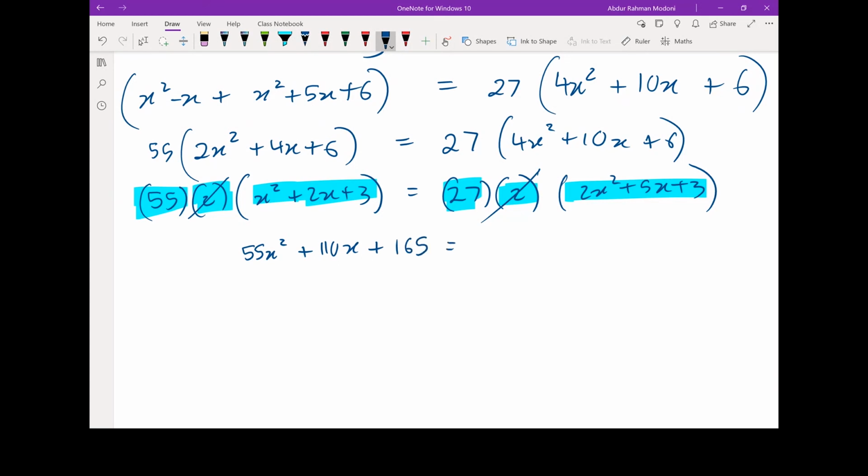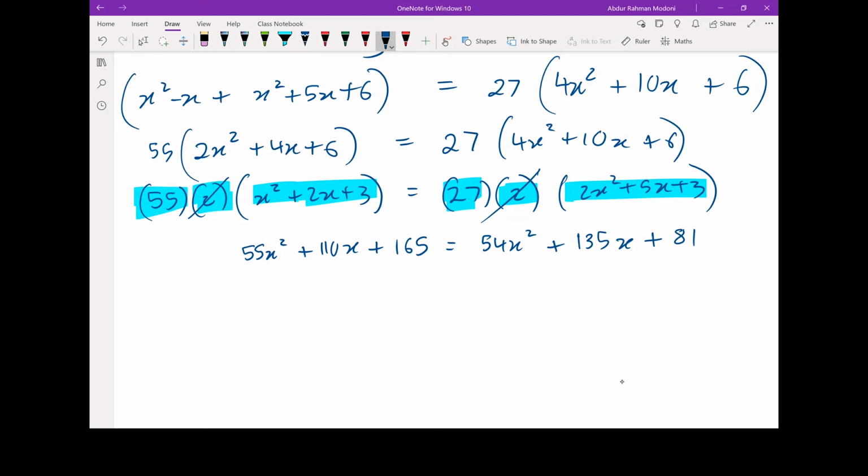165 is equal to 54x squared plus 135x plus 81. We've got an equation which looks like a quadratic, but we need to solve, so make it equal to 0.